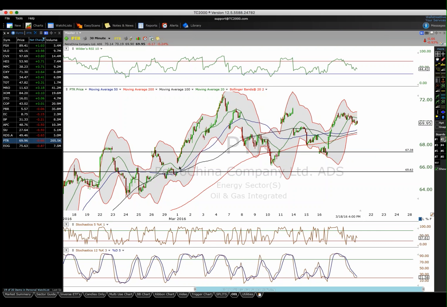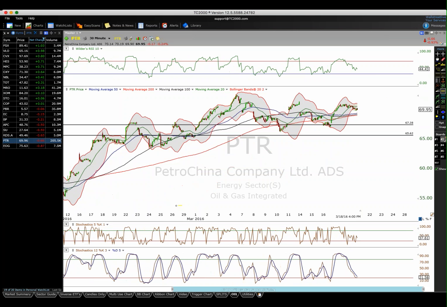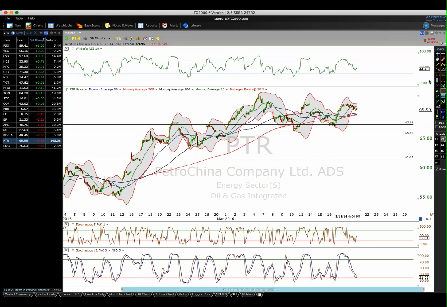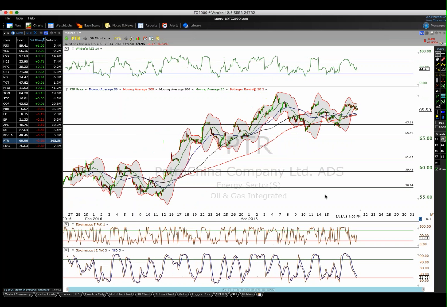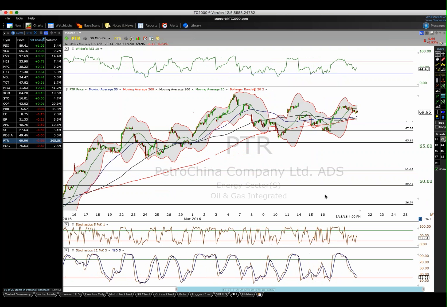Because you have a big gap right here. You have a big gap right here. And I don't know how the options are on any of these or anything like that. But I just like to pre-plan. So this is a gap master from 69 down to 56, okay? And you can see how this moves very choppy up and down, all right?